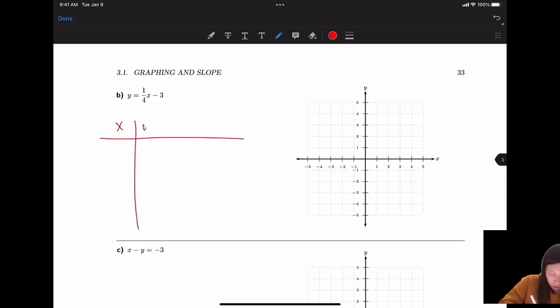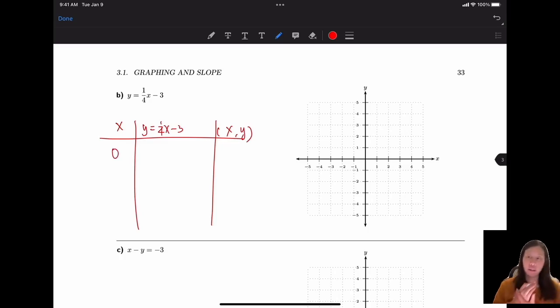Again, we make our t-table. Oh, let me separate these further. Okay, so what do we pick for x? We can pick 0. Why do I like to pick 0? That's the strategy, because 0 is easier to calculate, right?